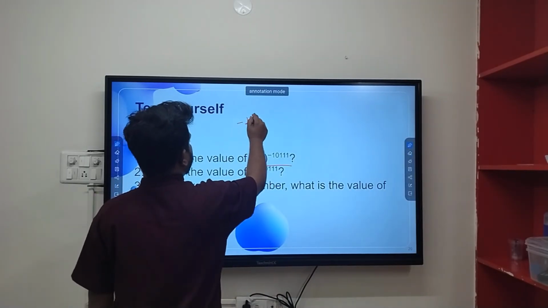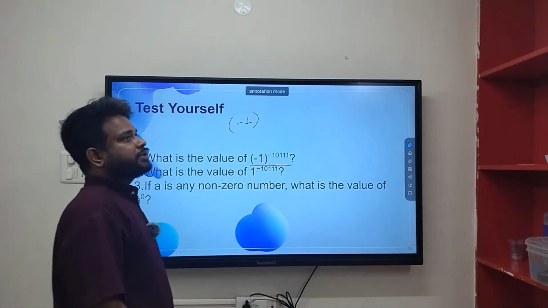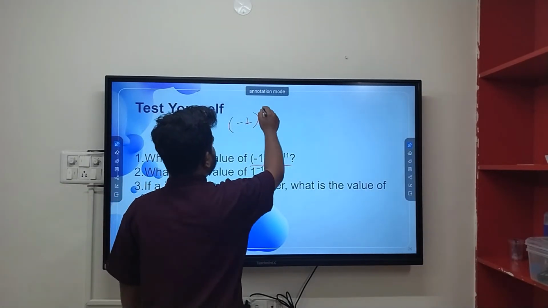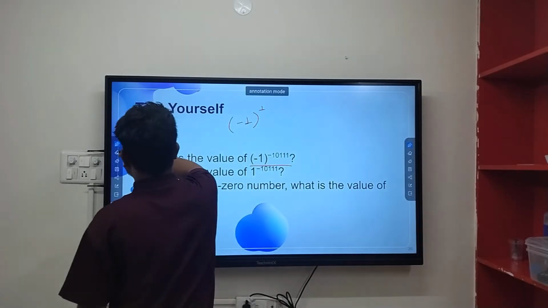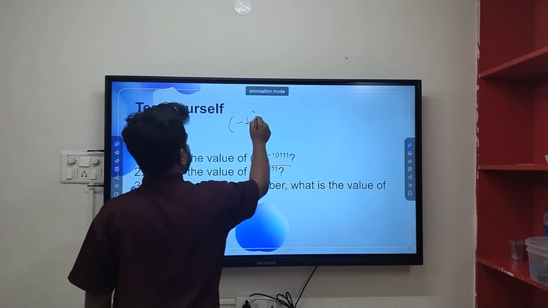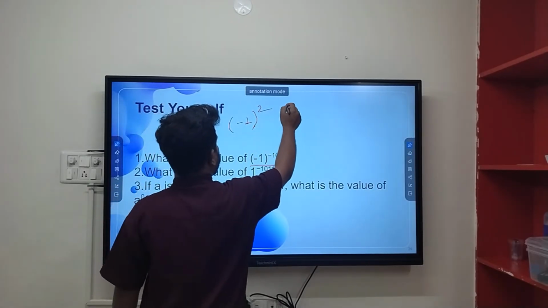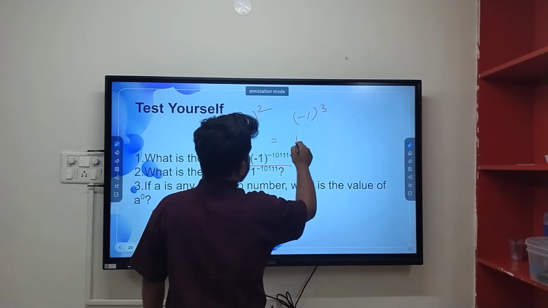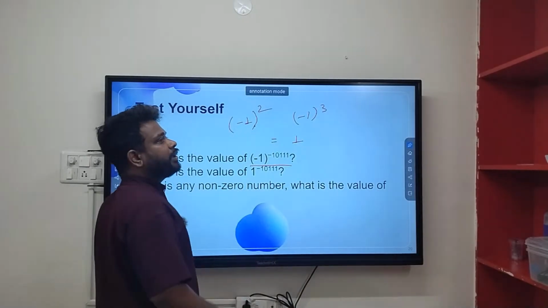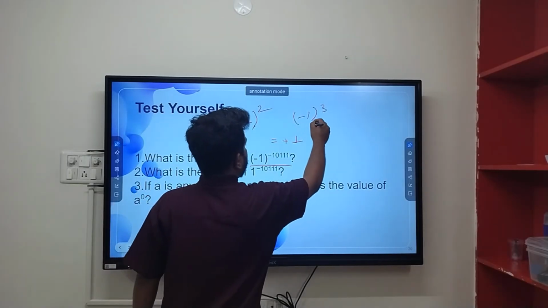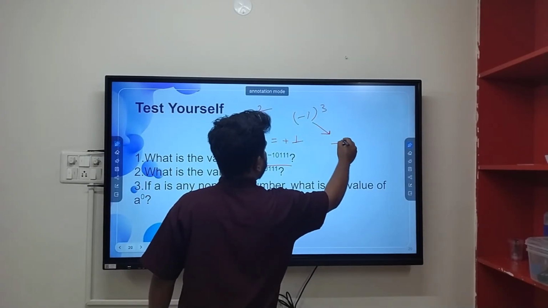If I am taking minus 1 as the base and putting a power which is an odd number, then an even number, and again an odd number, it will give me the value 1, but the sign will change. For an even number it will be plus, and for an odd number it will be minus.